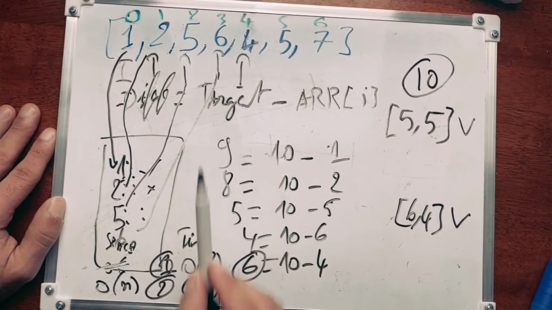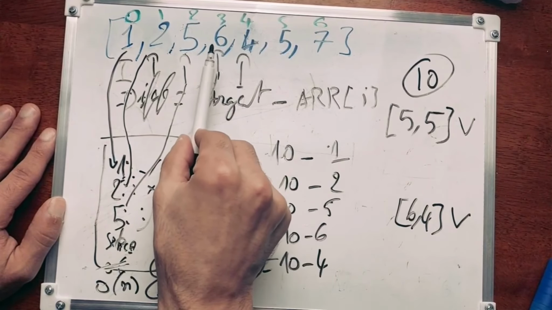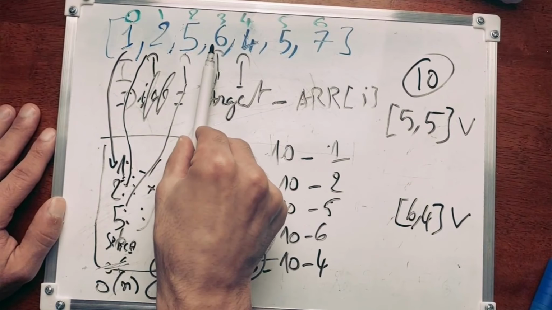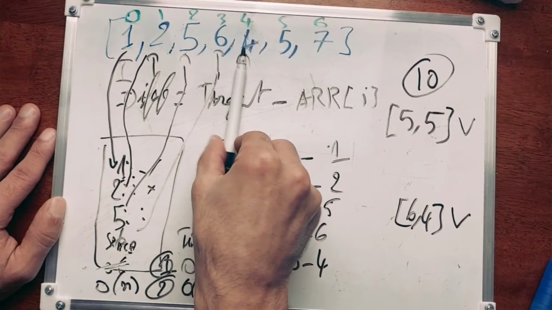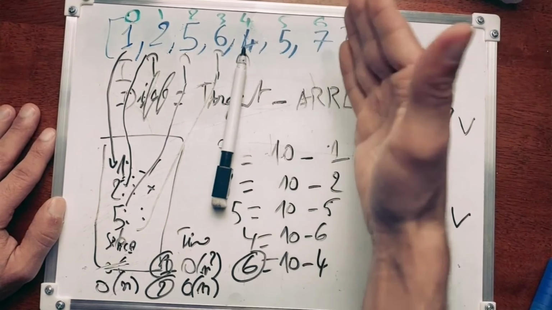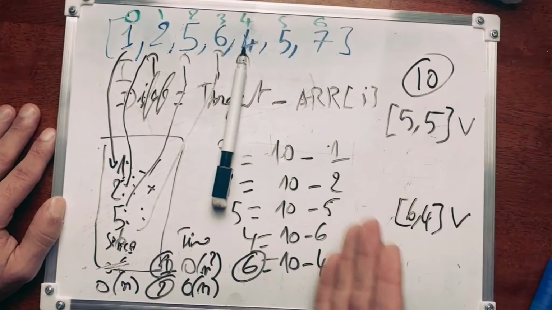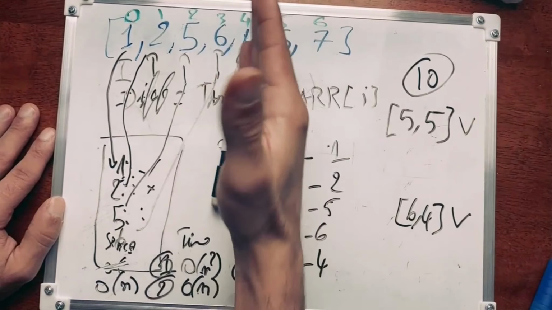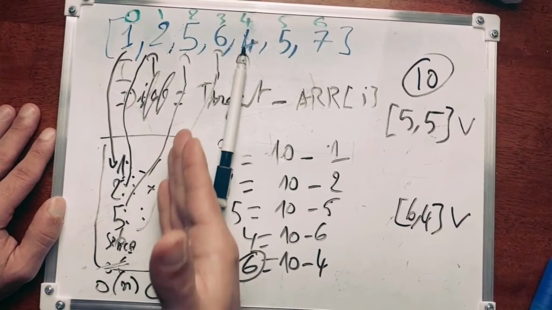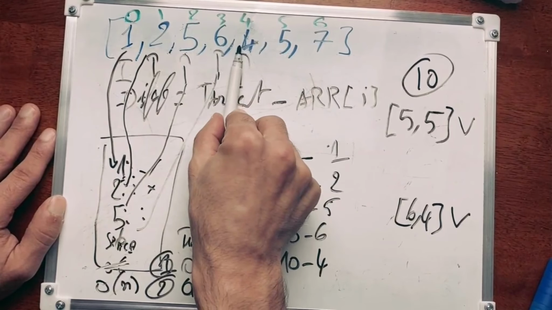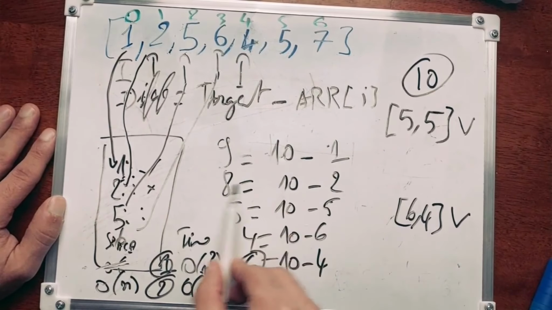As for the second one, we only know about the element we are in and the elements before it. So when we were here, for example, we didn't know that there is another 5 or 7, and we don't care if we have another 5 or 7. We just care about the elements before it. And this, like I said, will save us more time.